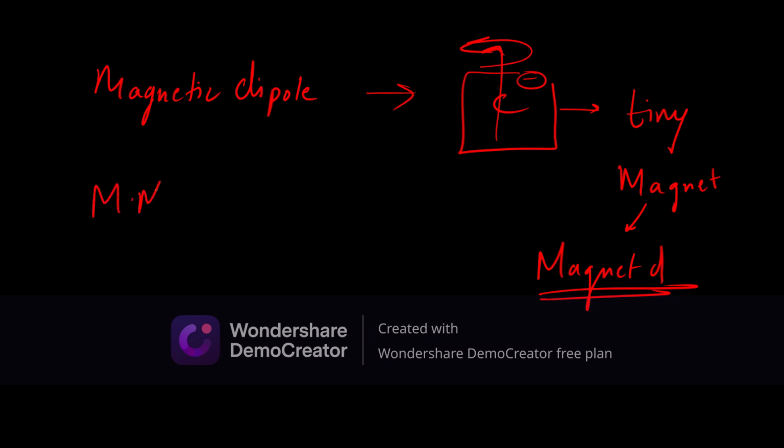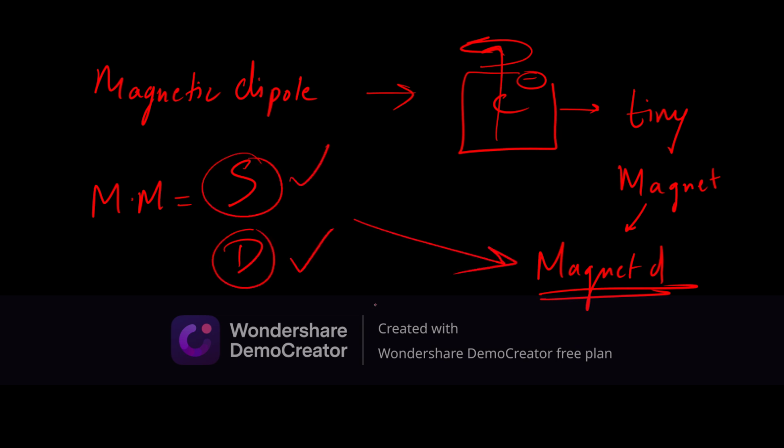And magnetic moment tells us the strength and the direction of this magnetic dipole.